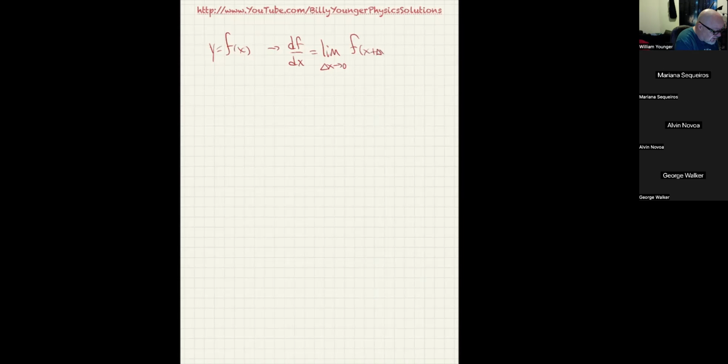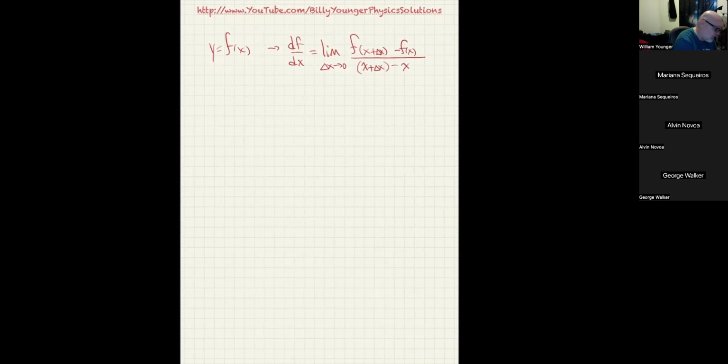That literally means, hey, everywhere you see an x, replace it with x plus delta x in parentheses, minus the original function f of x, divided by the change in x, which in this case is final x plus delta x, minus initial, which is just x. So that's what the derivative of a function is if the function has one variable.